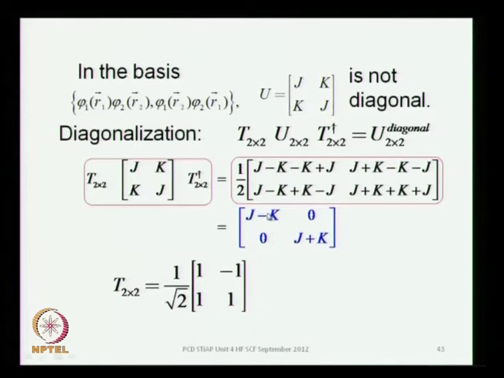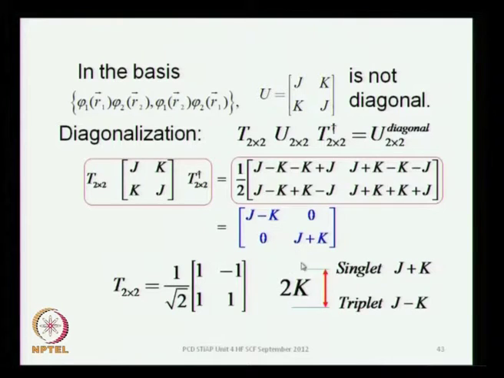Notice that these two differ, j minus k and j plus k. The difference in the energy would be twice k, and this matrix which diagonalizes this will also transform this basis to a new basis, and you would expect what this new basis would be.